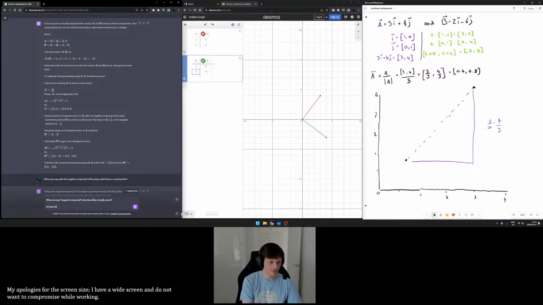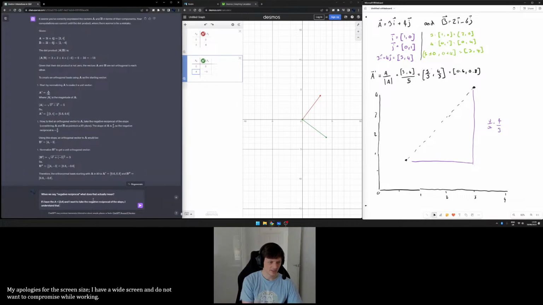If I have A equals 3, 4, and I want to take the negative reciprocal of the slope, I understand that y divided by x equals the slope, and so we'll end up with 4, 3.